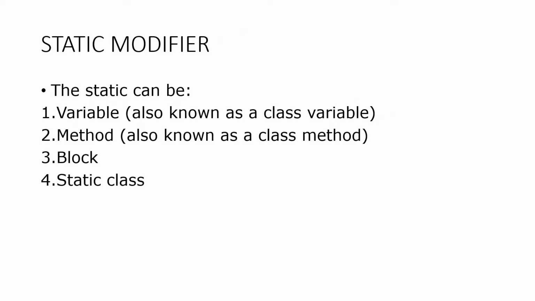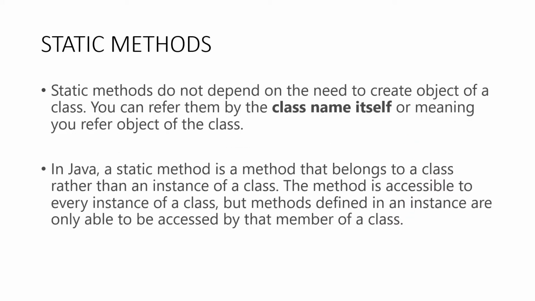The static modifiers can be static variables, static methods, static blocks, and static classes. Four types are there. First, we will get into static methods. Static methods do not depend on the need to create an object of a class. You can refer to them by the class name itself, or you can refer to them by the object of the class.